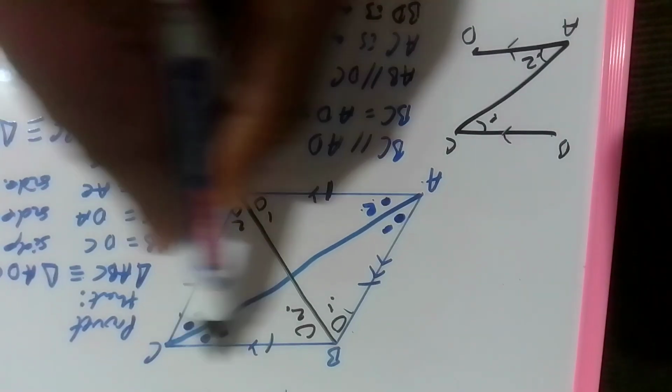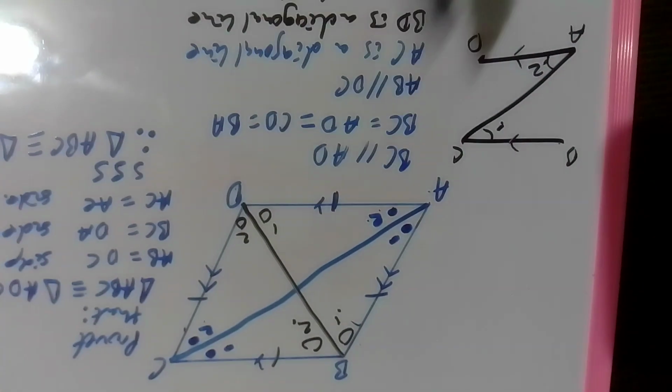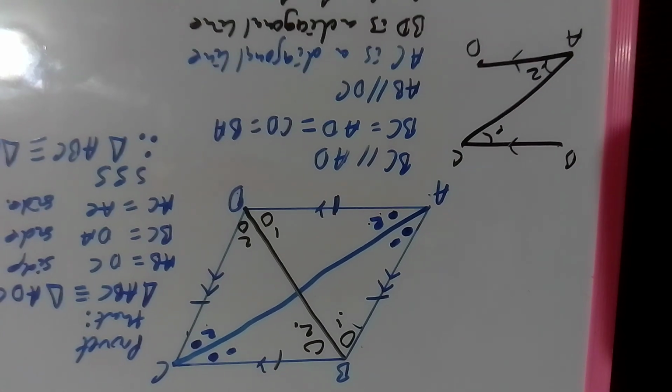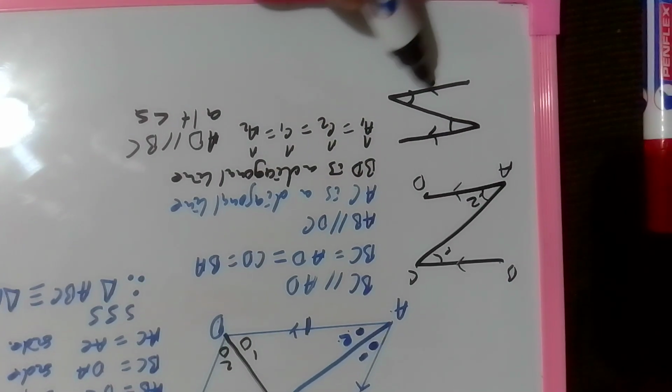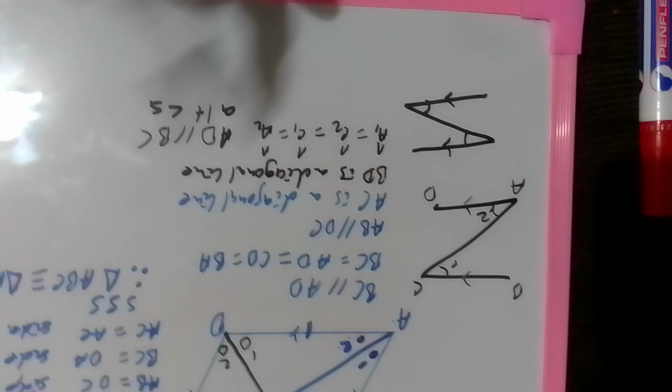If I draw from C, B, D, A, alternate angles, because here I've got parallel lines, excuse me.